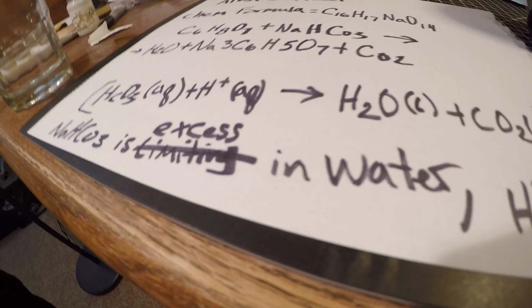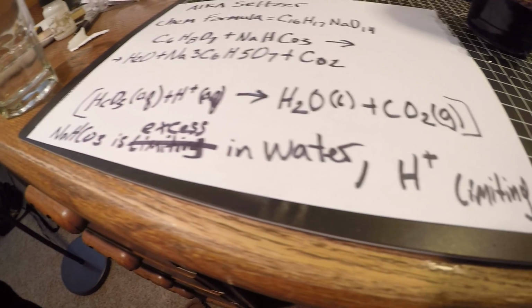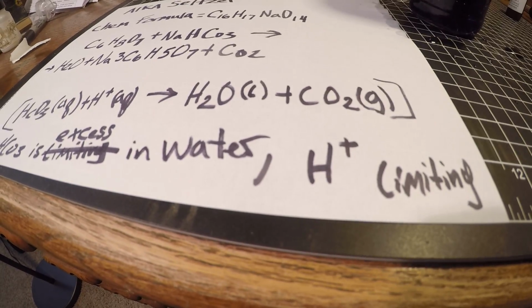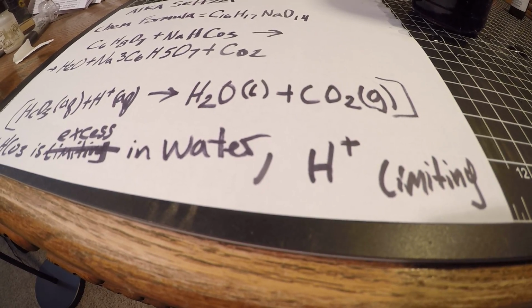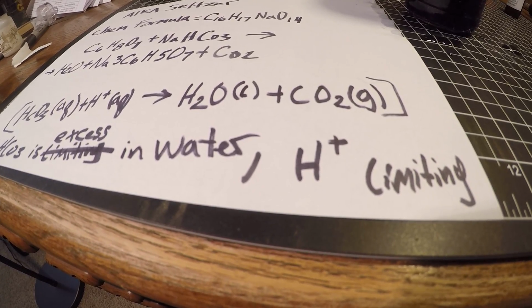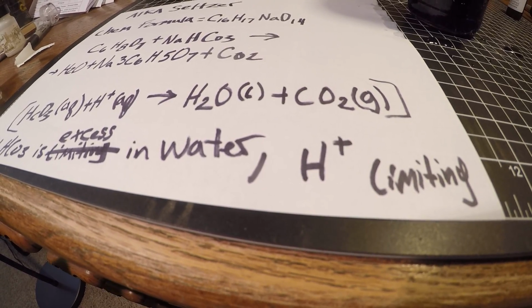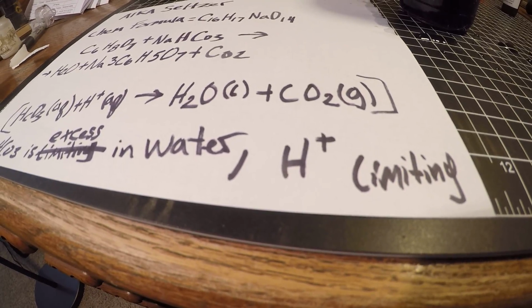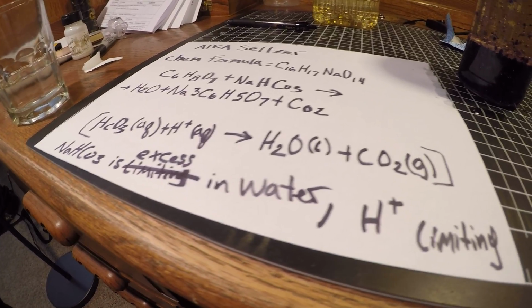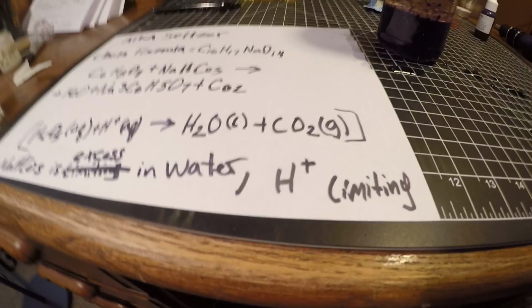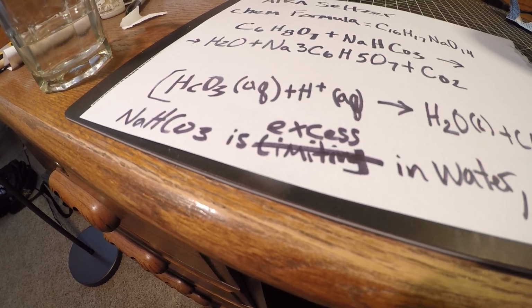Now, one way that you can reverse that, what they talked about, was the use of vinegar, which is acidic. They changed different ratios of water to vinegar. What ended up happening was they were able to get more CO2 production, and they were able to reverse the excess and limiting factors between the two substances.